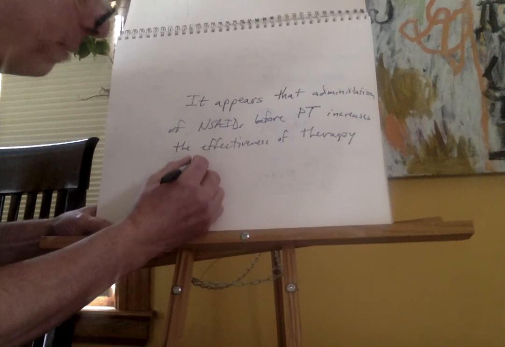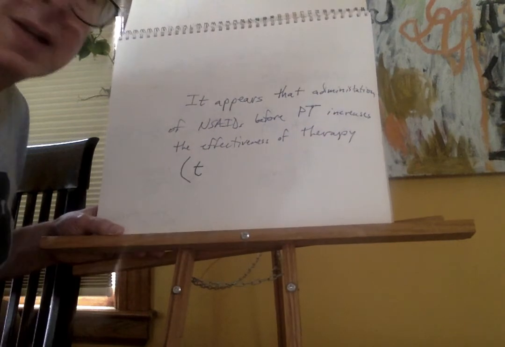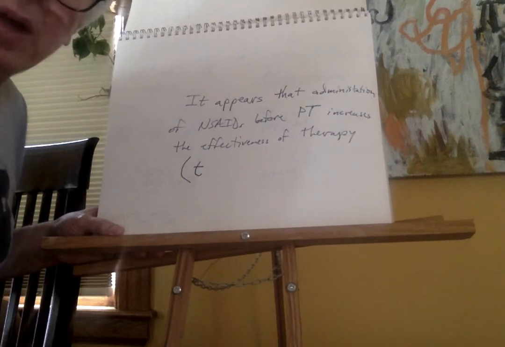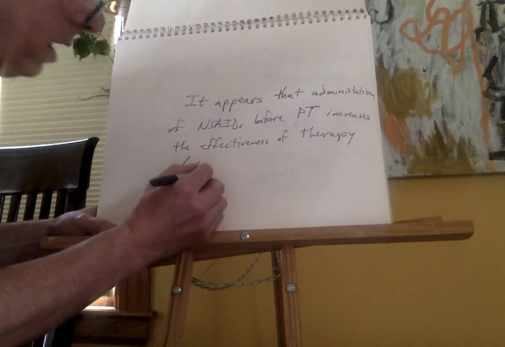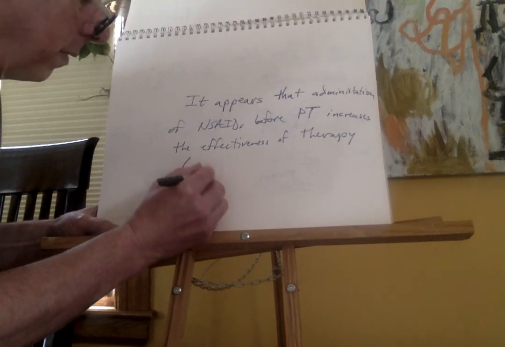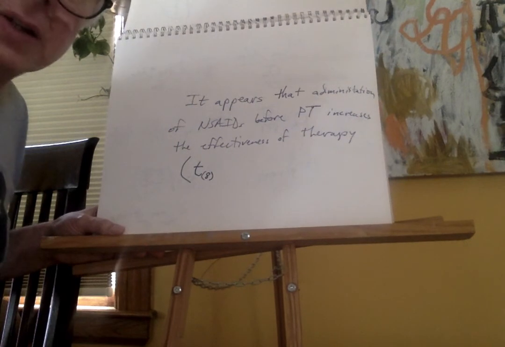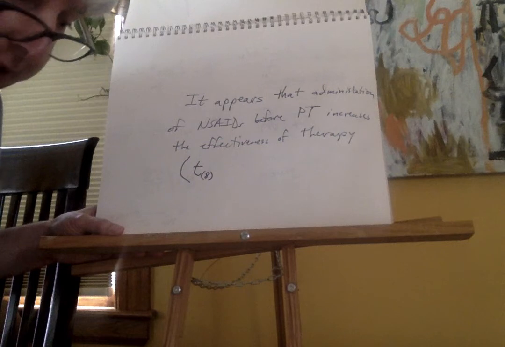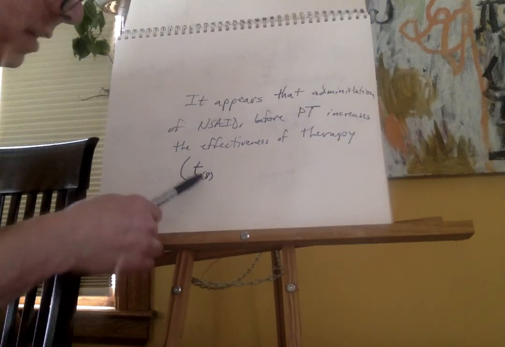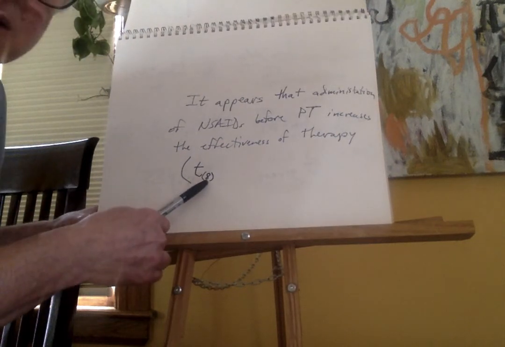So I'm going to report the t-value now. Instead of z, I'm going to report a t value. Okay? I'm going to indicate the degrees of freedom as a subscript. Okay? So this is the t value with 8 degrees of freedom.